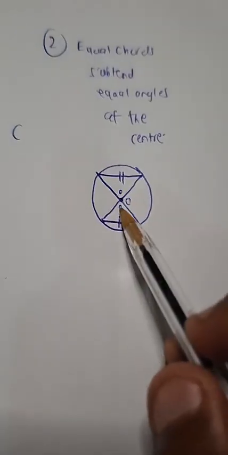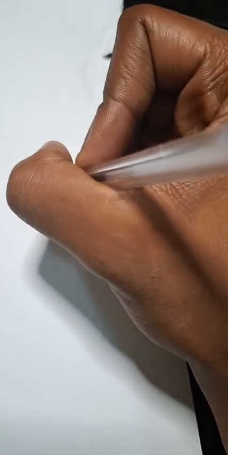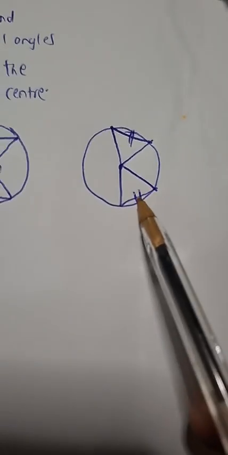This is not vertically opposite angles, sorry guys, because I think some people will say this is vertically opposite angles. I want to draw the diagram slightly different so that you can appreciate that this can't be a vertically opposite angle. You can see this chord and that chord are equal.